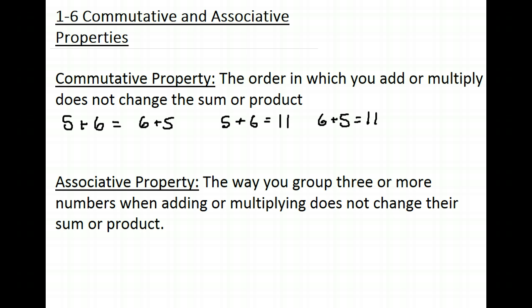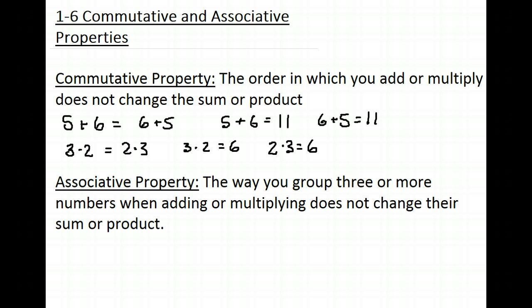And this holds true for multiplication as well. 3 times 2 is equal to 2 times 3. So because 3 times 2 equals 6, and 2 times 3 is also 6.